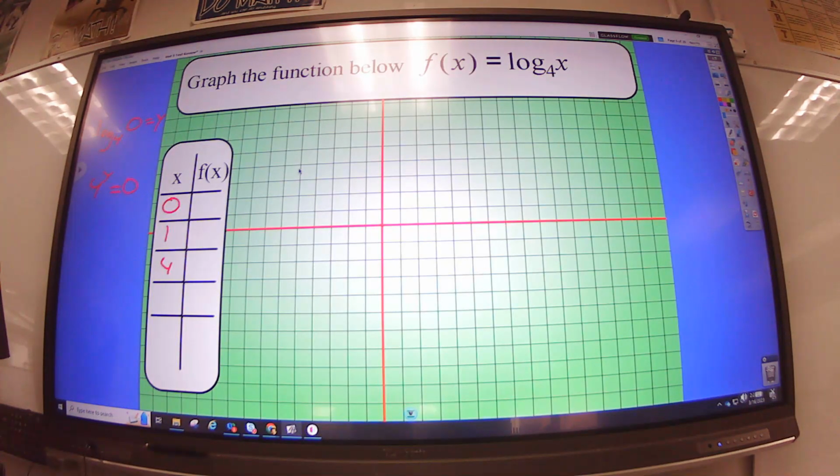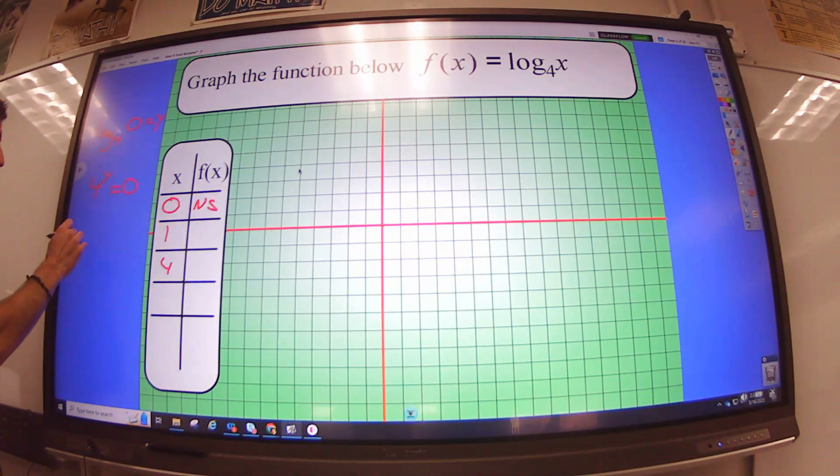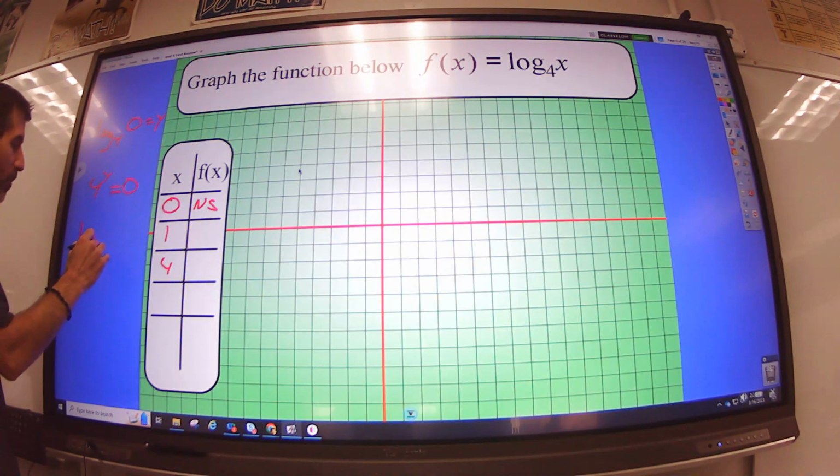Okay. Log base 4 of 1. What does that equal? Let's write it in exponential form, shall we? 4 to the y equals 1. What does y need to equal in order for it to be 1? 0. Anything to the power 0 is 1.